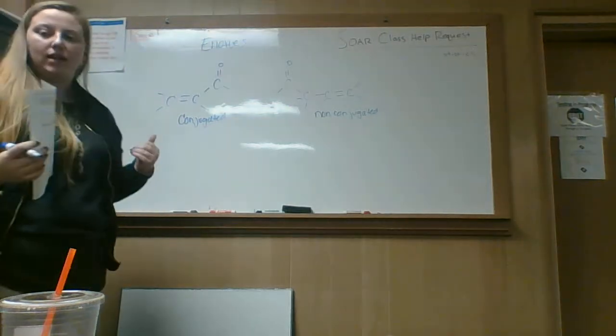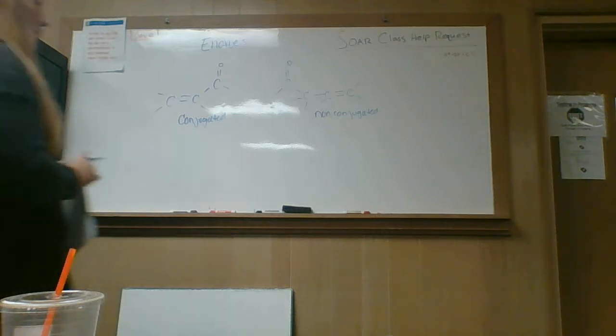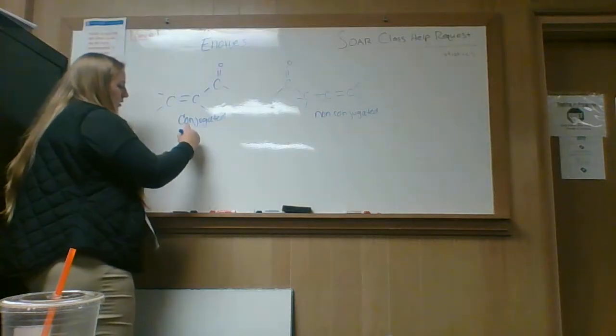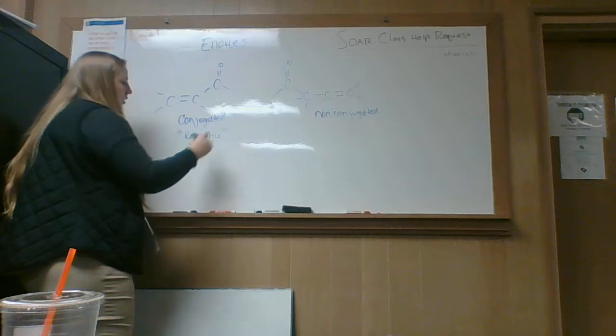Now, if you think back to dienes, conjugated dienes are more stable. Same thing with our enones. Conjugated enones are more stable. Who remembers why? They're stabilized by resonance. Okay?